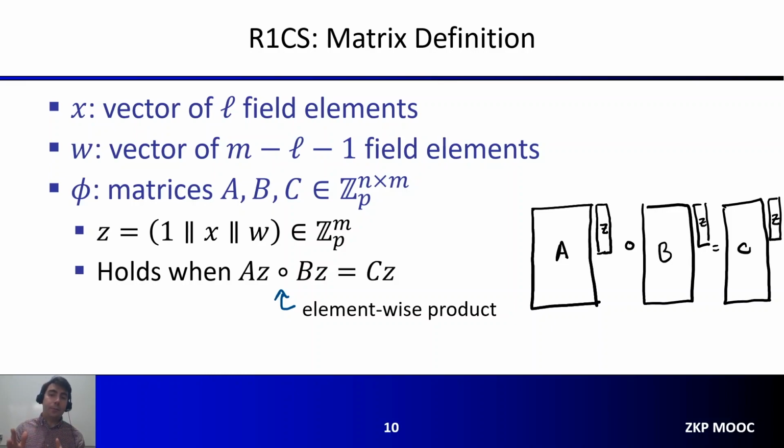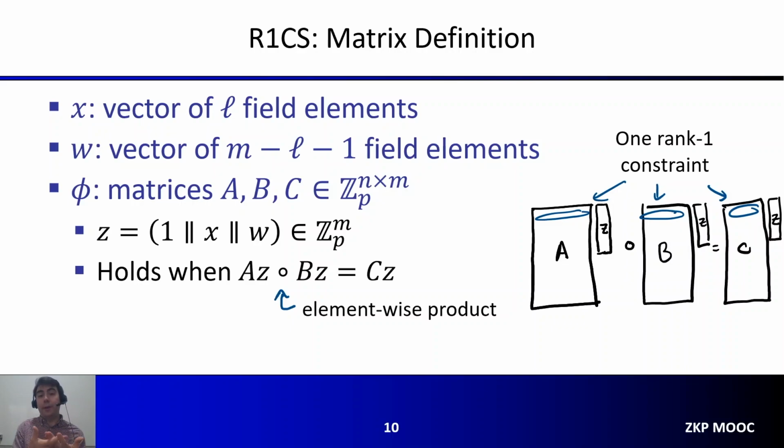Because when you take a matrix product, A times Z, you take Z and you compute its inner product with every row of A. And so what that means is that every row of A is essentially defining a linear combination, or more precisely an affine combination, of the variables in X and W. And so if you look at a row in A, a row in B, and a row in C, those three rows define a single rank 1 constraint. So the height of the matrices, the height of A, B, and C, is exactly n, the number of rank 1 constraints. And the width, m, is one more than the total number of variables. It's one more because the z vector includes this constant 1.